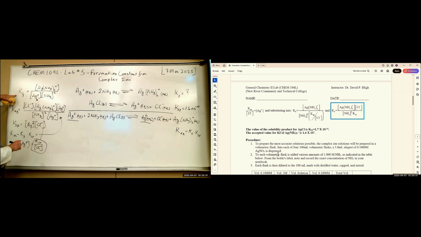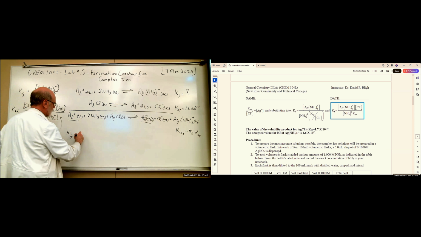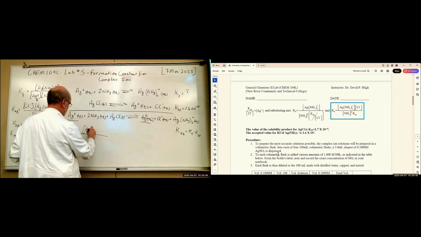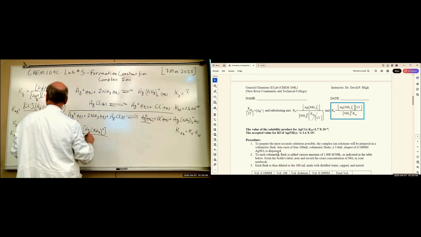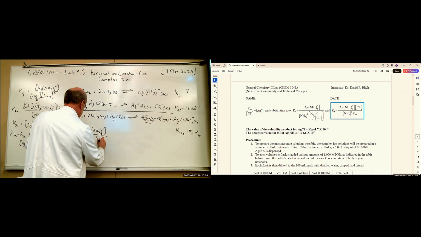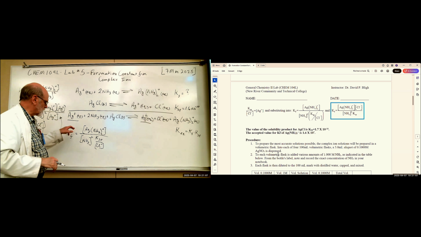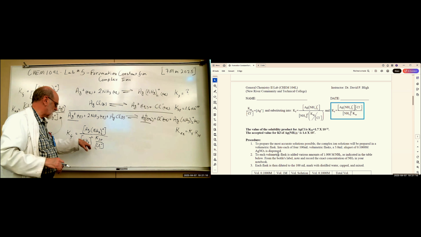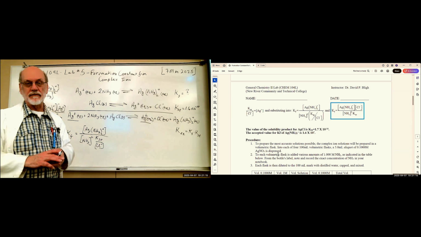But if we solve for KF, then we get the complex ion, and down here, we get ammonia squared times KSP divided by chloride. There we go. So if we can determine what these concentrations are, the KSP is a constant, we can determine what these are, then we can calculate the KF.